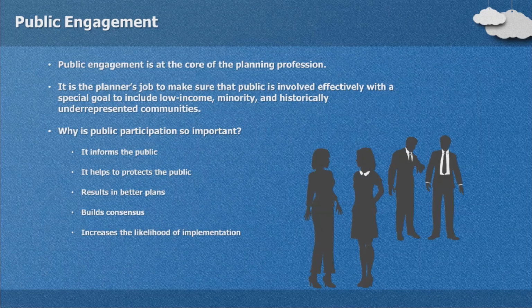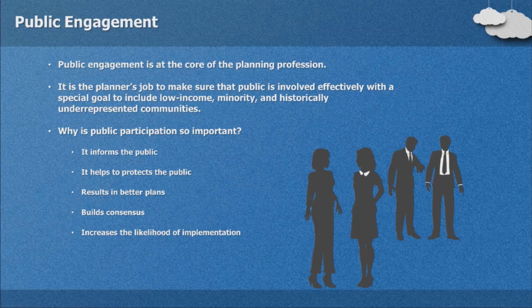Public engagement, it's core to our planning profession. We'll cover this a bit when we get into ethics. Their sort of primary job is to make sure the public is involved, to effectively have meaningful input into any type of planning process. So we have a special goal to include low-income, minority, and historically underrepresented communities.